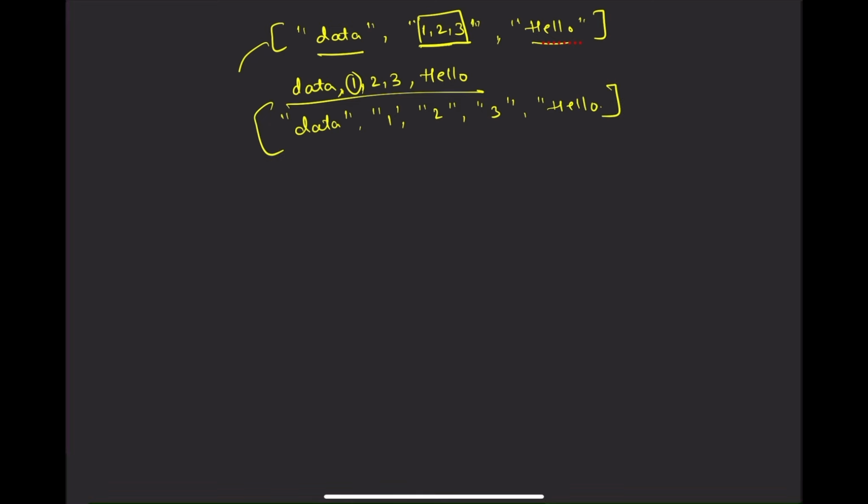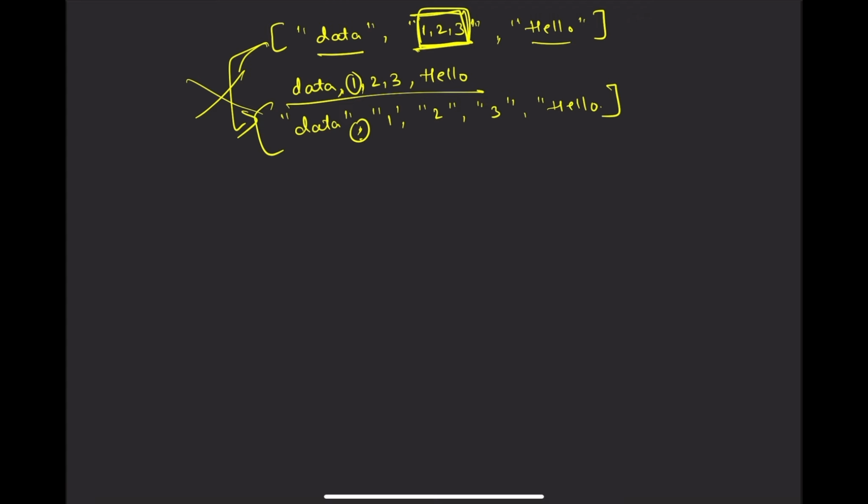This is how our decoder thinks, and these two are obviously not the same. We've lost the original structure because the comma that we decided to use as a delimiter is not just a delimiter anymore. It's a part of the data, inside the string that we have.